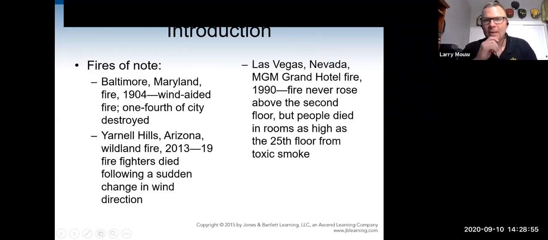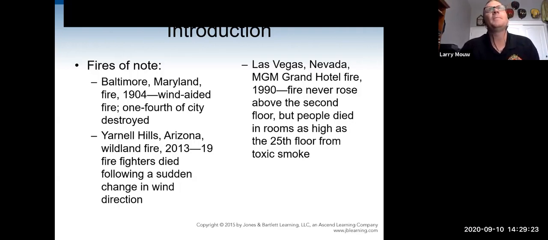With that fire, 19 firefighters died suddenly following a sudden change in direction of the wind. And in 1990, the MGM Grand Hotel fire in Las Vegas took place. The fire never rose above the 2nd floor, but people died in rooms as high as the 25th floor because of the toxic smoke.